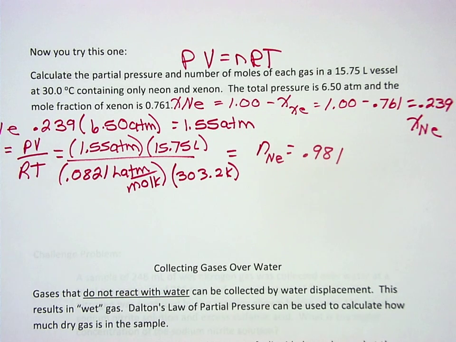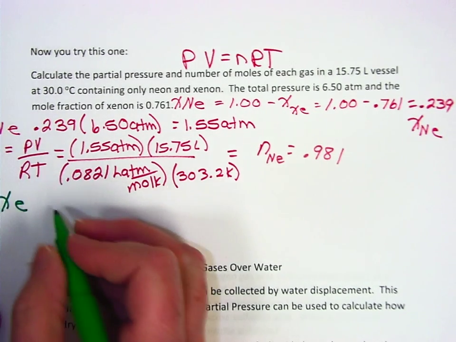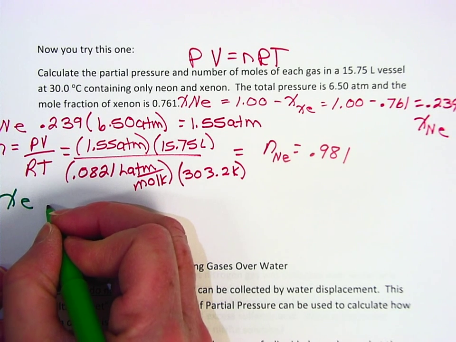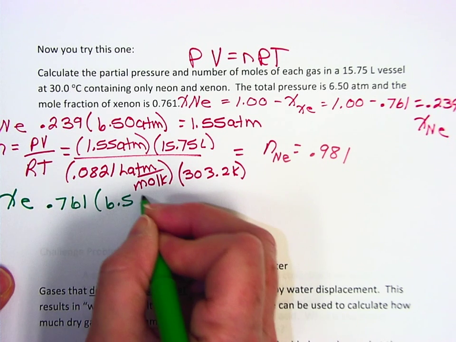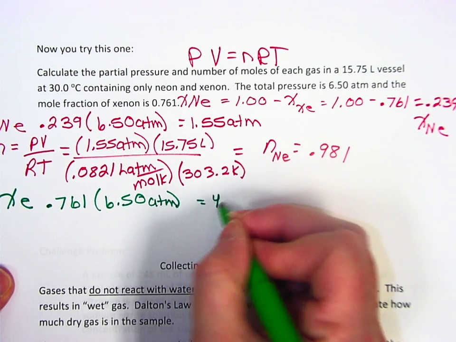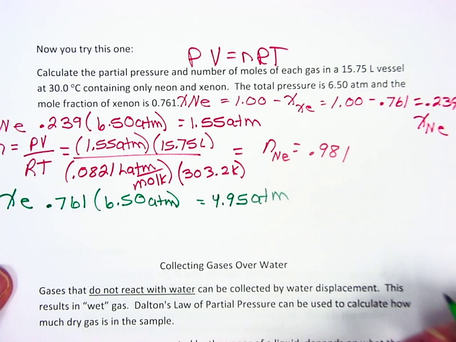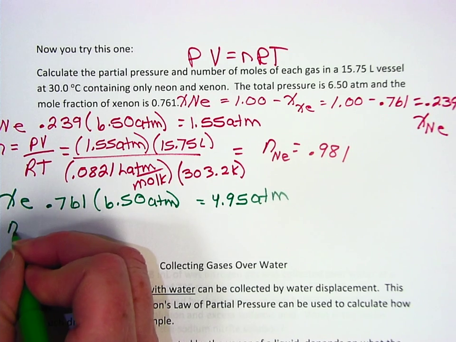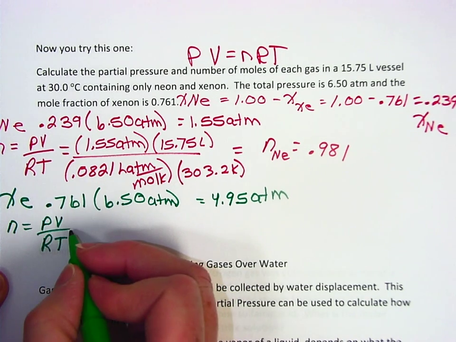Now I'm going to do the same thing for the xenon. This time I'll use the mole fraction of the xenon. So my mole fraction of xenon is 0.761 times the total pressure, 6.50 atmospheres, is equal to 4.95 atmospheres. I know PV equals nRT, so n equals PV over RT.